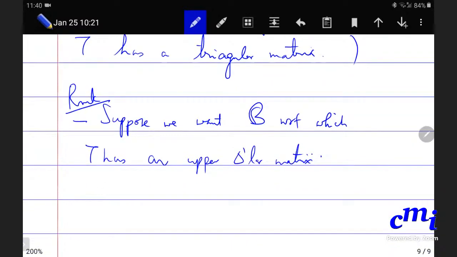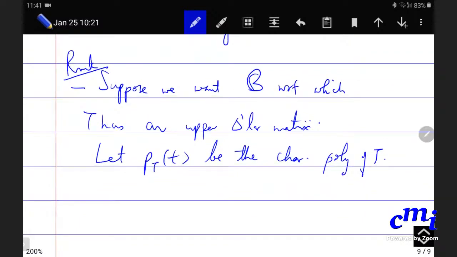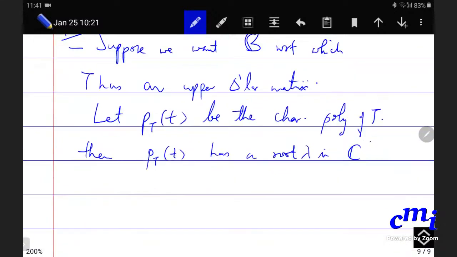Then what do we do? We need to first get an eigenvector of T. The reason we can get that is, let P be the characteristic polynomial of T. Since we are over C, P has a root in C. Let's call this lambda.